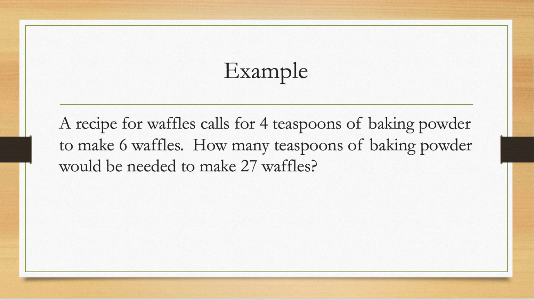All right, let's try another one. A recipe for waffles calls for 4 teaspoons of baking powder to make 6 waffles. Again, let's take that first sentence and set up a ratio. So 4 teaspoons of baking powder for every 6 waffles.